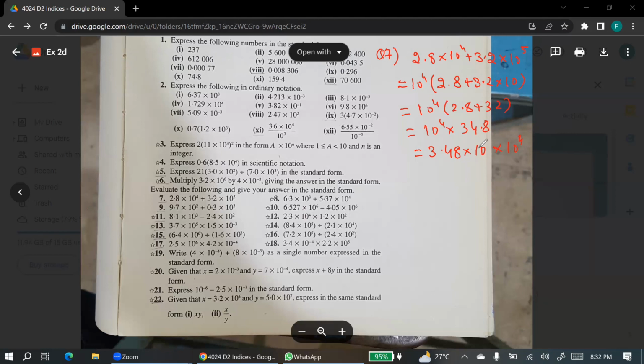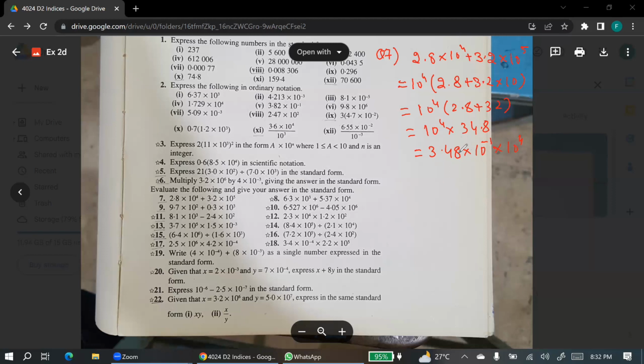The new number is smaller, that is 3.48. Previously it was 34.8. We will put a positive power of 10 or negative power of 10? Negative. If we put a negative power, then when we multiply this number with a negative power of 10, it will become smaller, not 34.8.